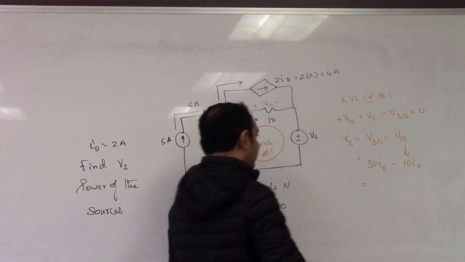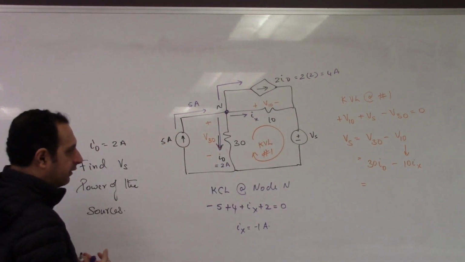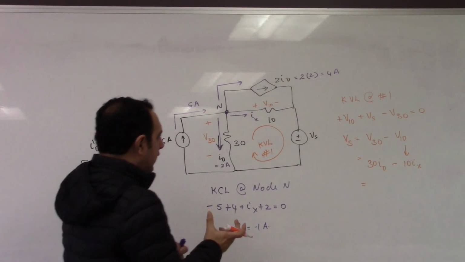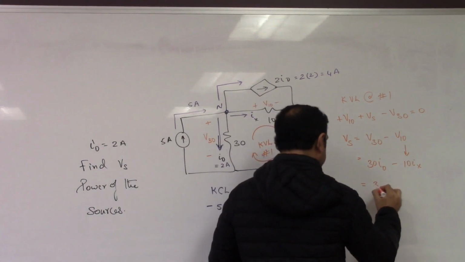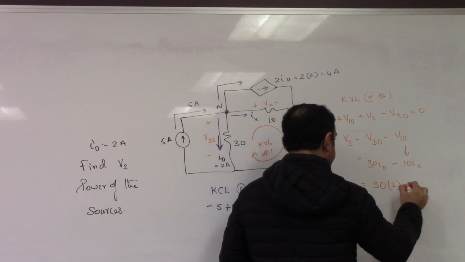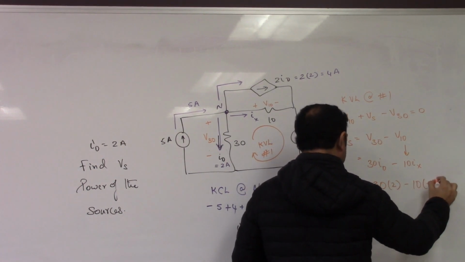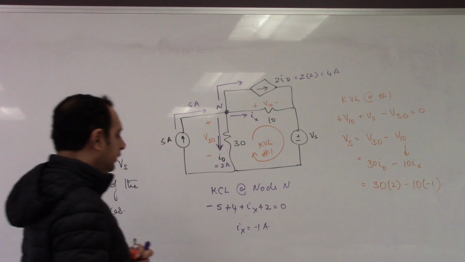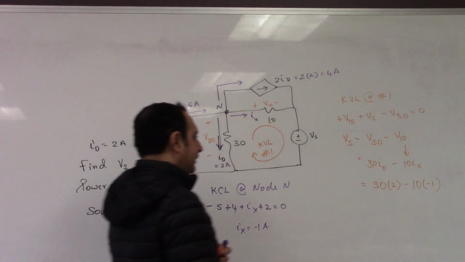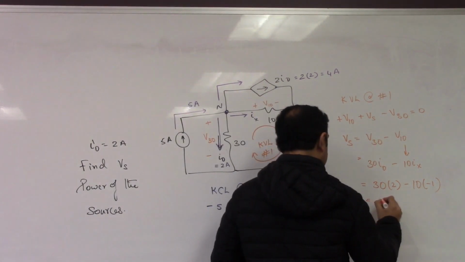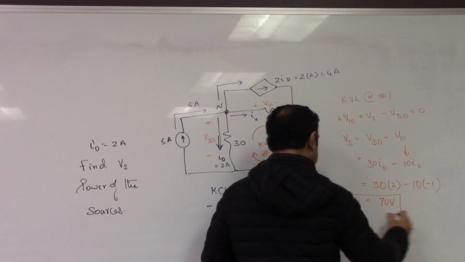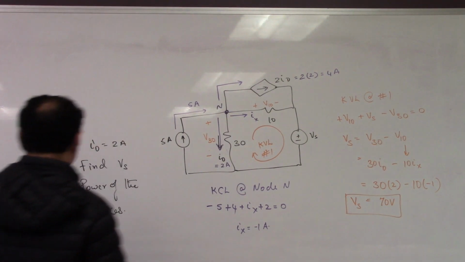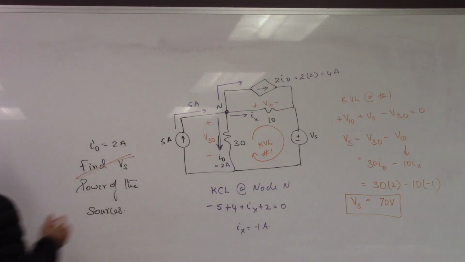Now if you substitute the values of I0 and Ix, we should get our answer. So what is I0? I0 will be equal to 2. Negative 10 times minus 1. So that will be 60 and 10, 70 volts. So that is Vs, right?